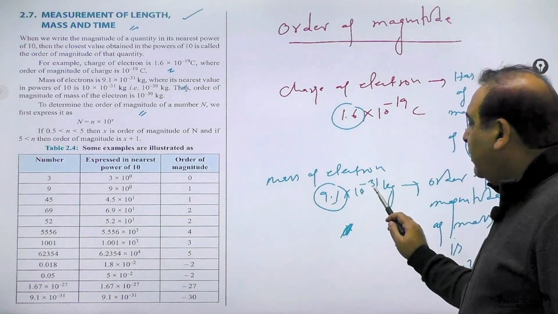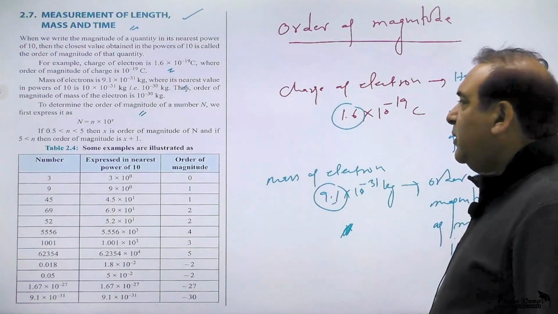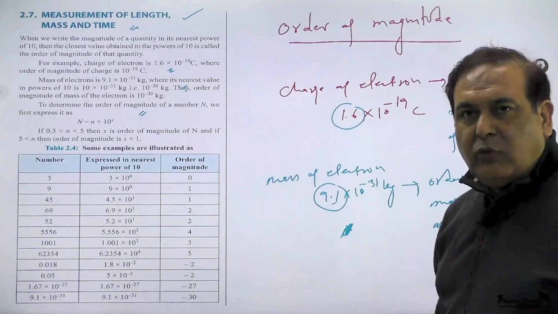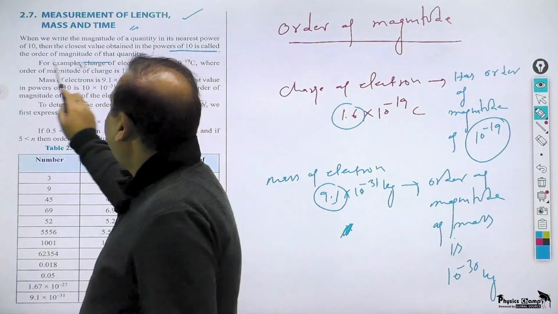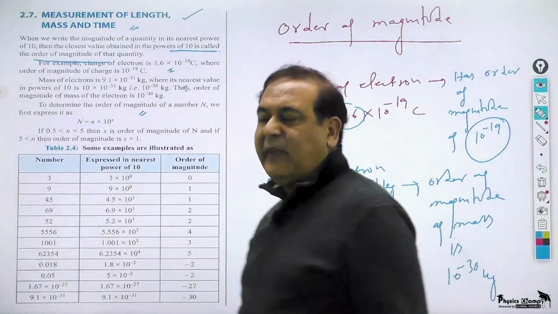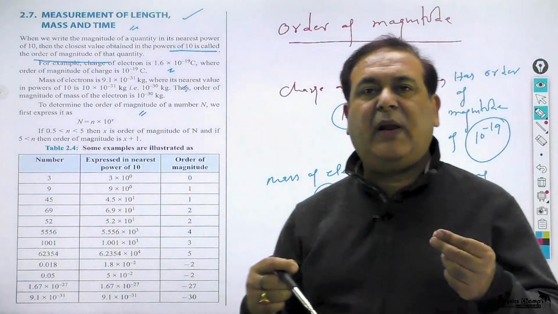So 10 into 10 to the power minus 31 will be 10 to the power minus 30. So order of magnitude is the nearest power of 10 that can be used to represent that value.